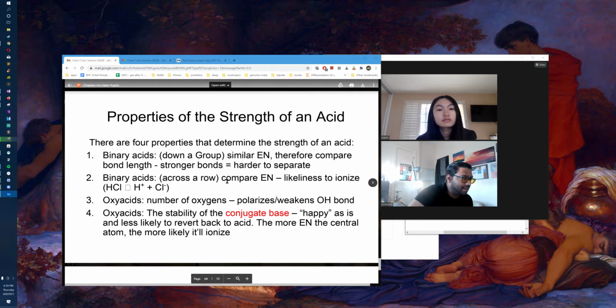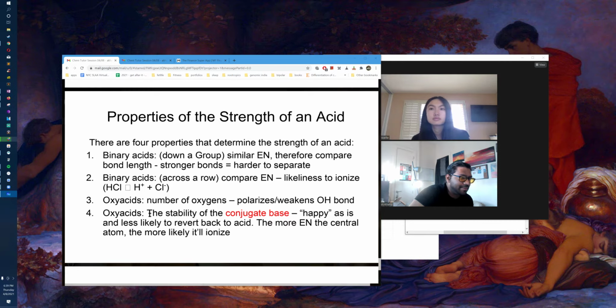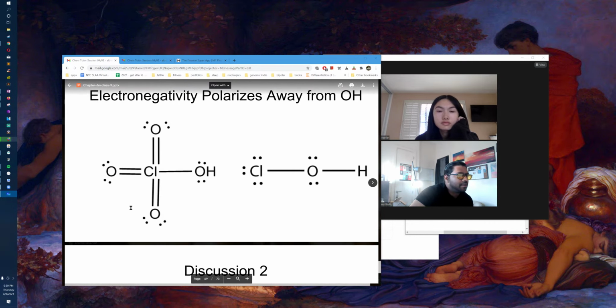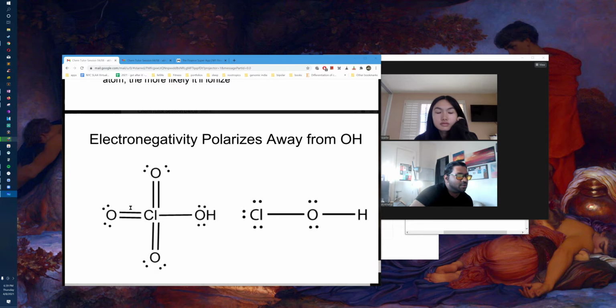So that's what the slide is saying: the stability of the conjugate base, happy, and less likely to revert back to acid. Exactly. The more electronegative the central atom, the more likely it'll ionize. Electronegativity polarizes away from OH.